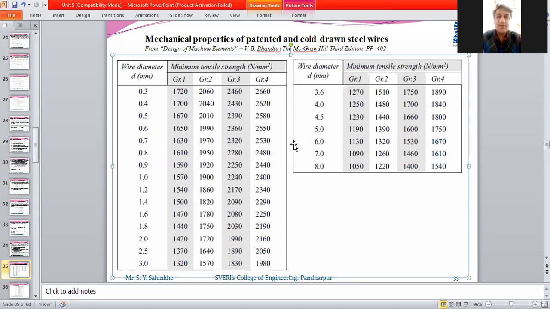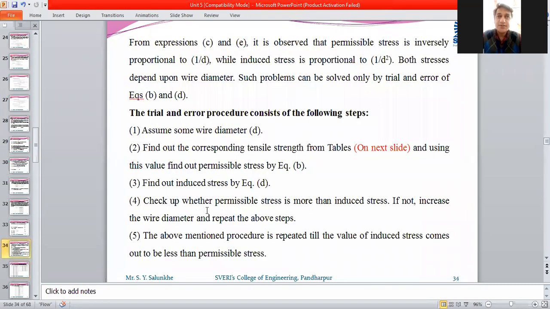In that design data book or IS standards which are published by the Indian government, you will find this table in those IS books also. Getting me? And from this table, we can choose a suitable wire diameter, and you have to follow the procedure which we have discussed on this slide.